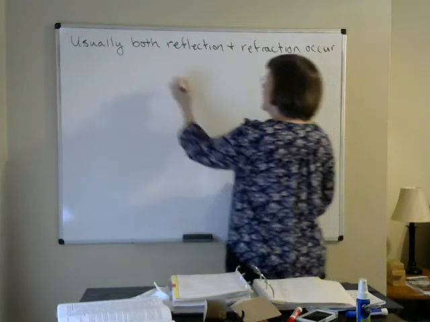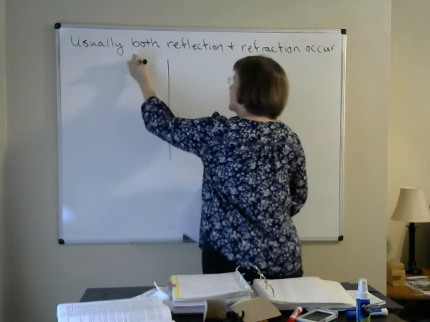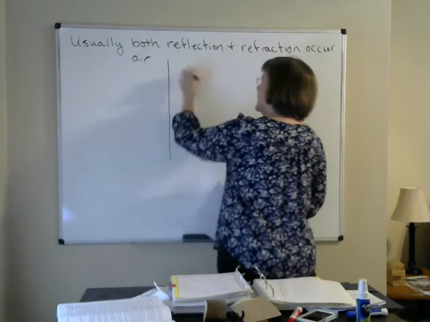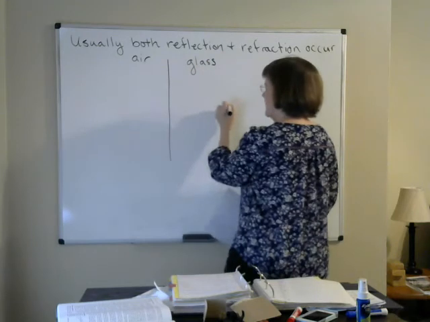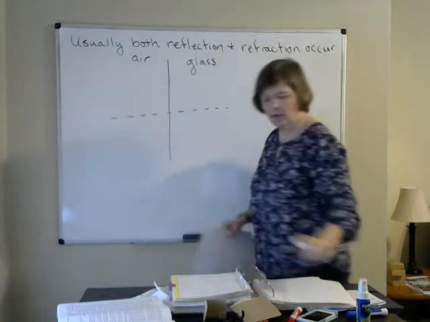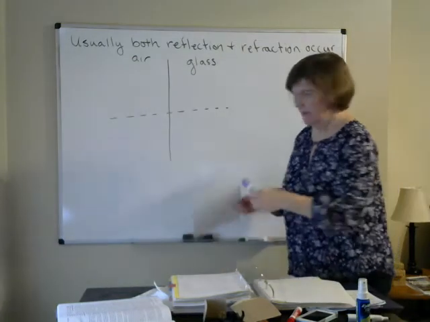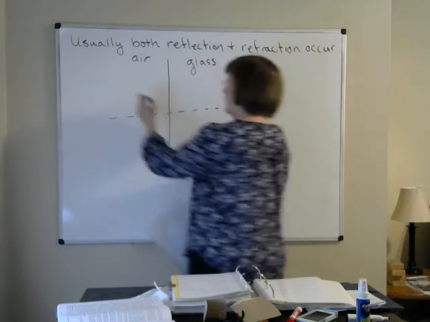If we think about this being air and glass, think about sunshine shining on a piece of glass. For a particular ray of light, what would probably happen, and again, I'll just draw one coming in at a pretty normal looking angle.